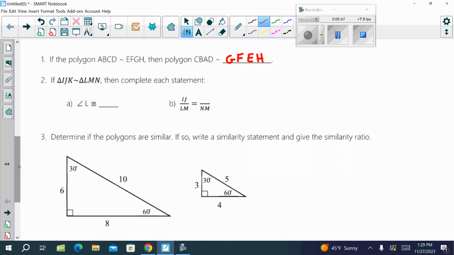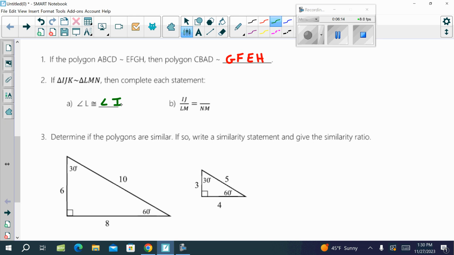All right, number 2. If triangle IJK is similar to triangle LMN, then we can complete each statement. So angle L is congruent to which angle? I. Very good. It matches up. And then IJ is the same as LM in the other triangle.